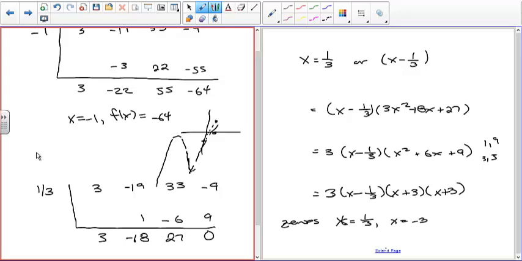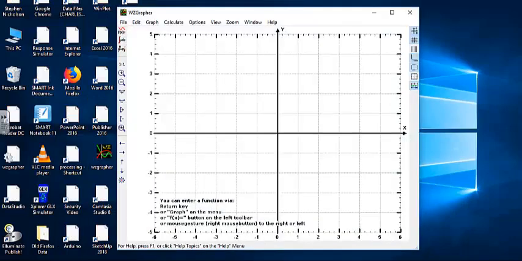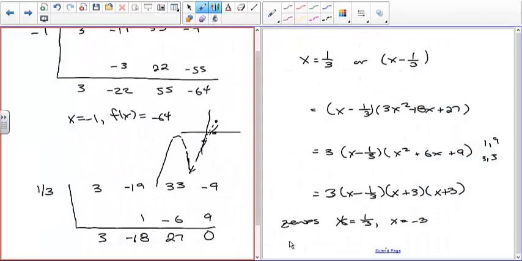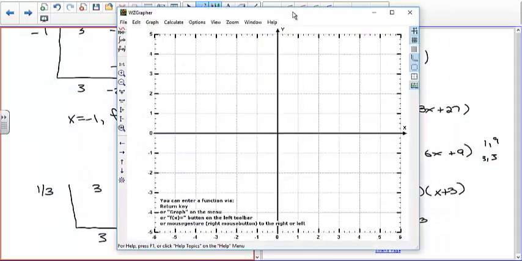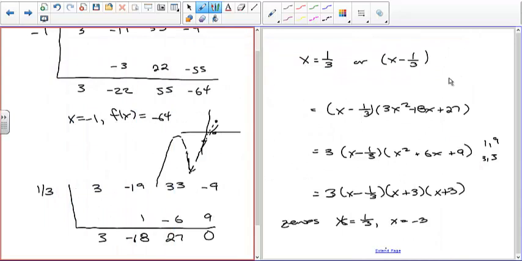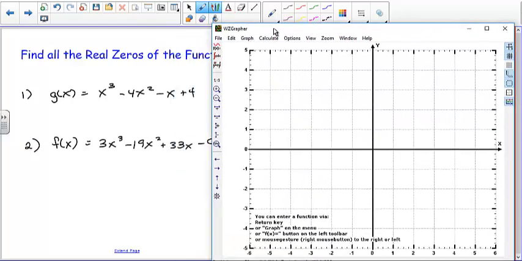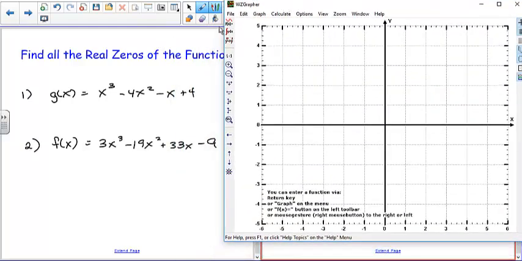They didn't ask us to plot it, but let's go ahead and plot the function. So we could plot the original version here instead of the factored version. Okay.